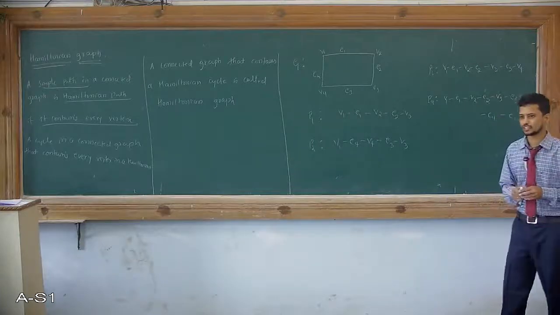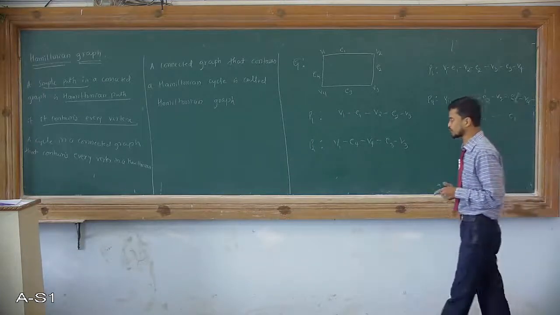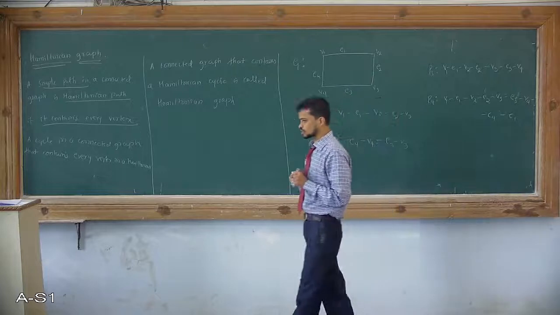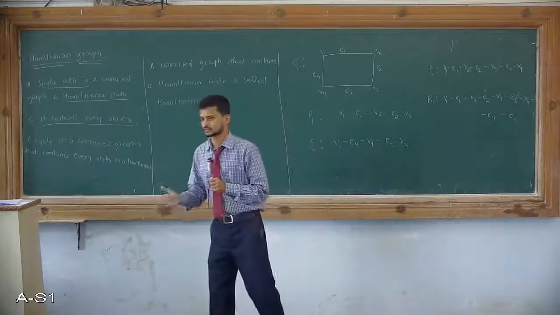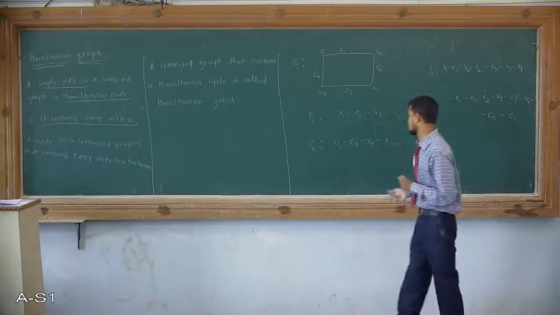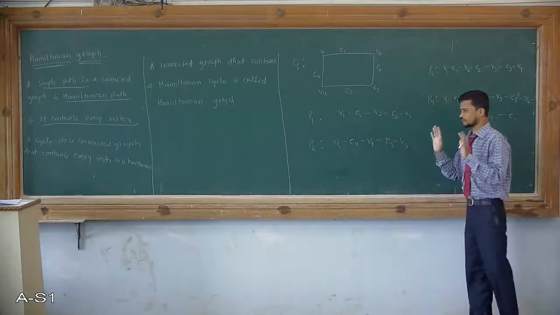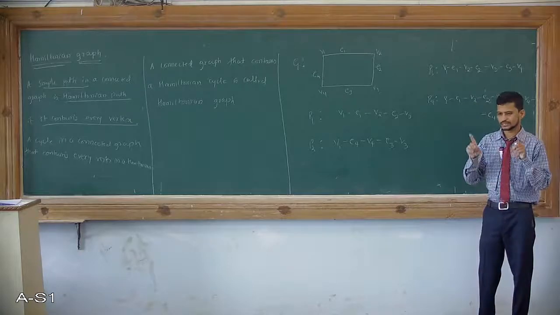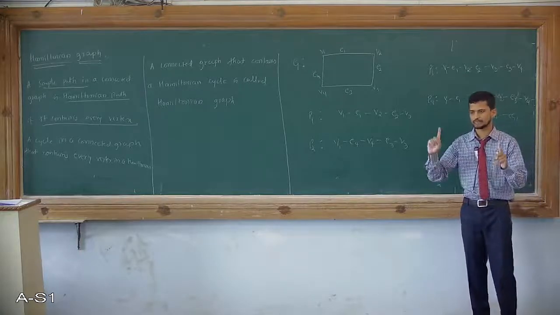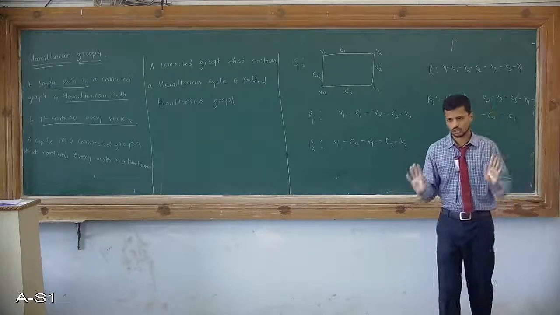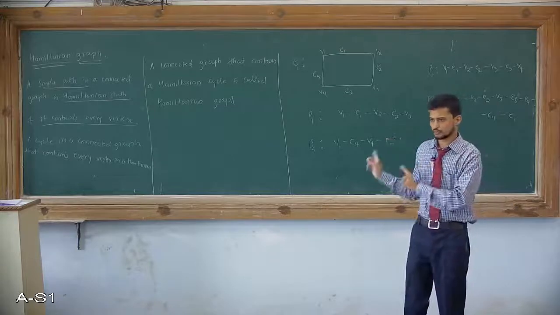What is the condition we need to impose on a Hamiltonian path? That the path includes all the vertices. Now start with the first one, the path V1, E1, V2, E2, V3. First and foremost, whether the path starts with a vertex and ends with a vertex or not. Yes, all the paths here start with a vertex and end with a vertex.